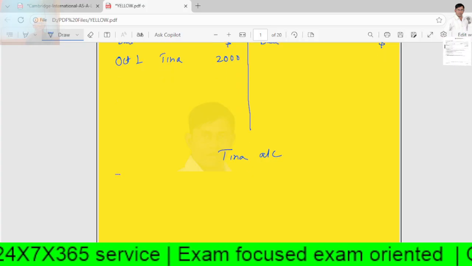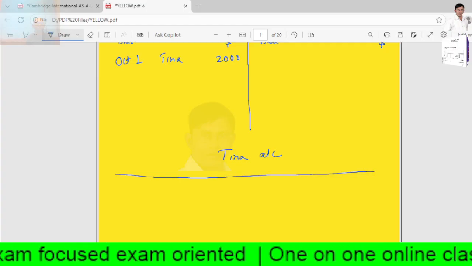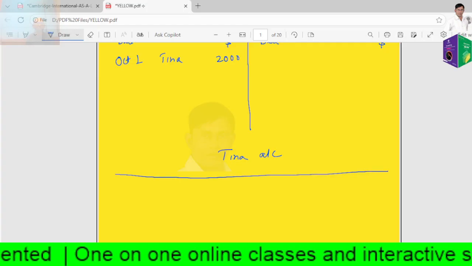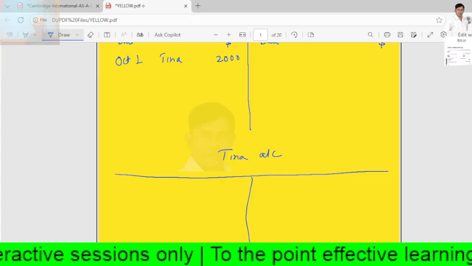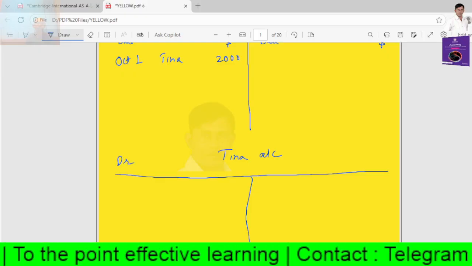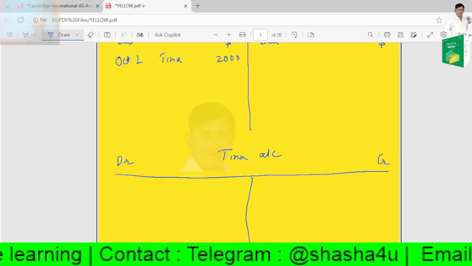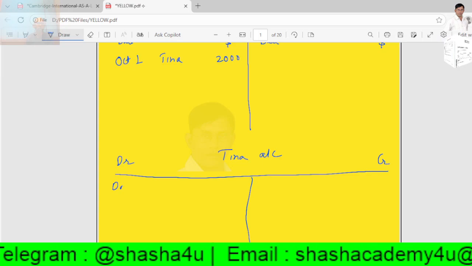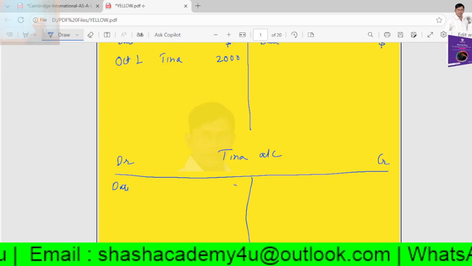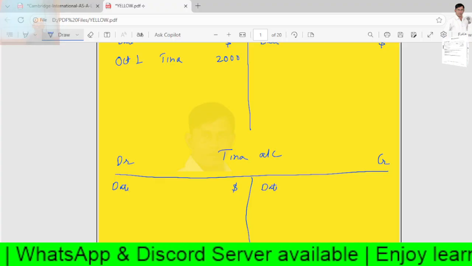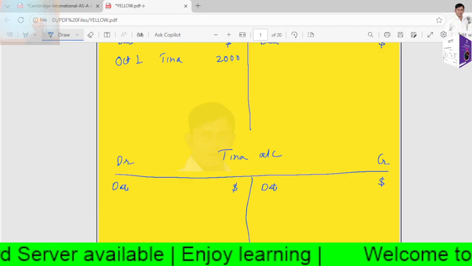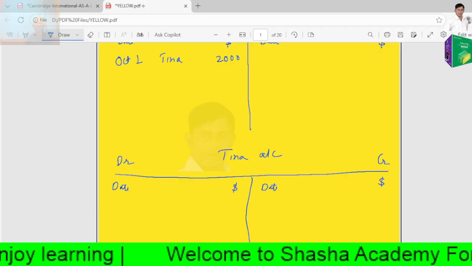How do you prepare Tina account? This side is always debit, this side is always credit. Always write the date, always the currency. So what is the amount?